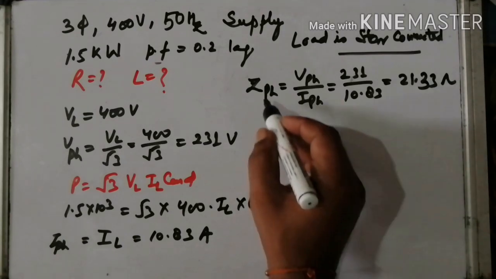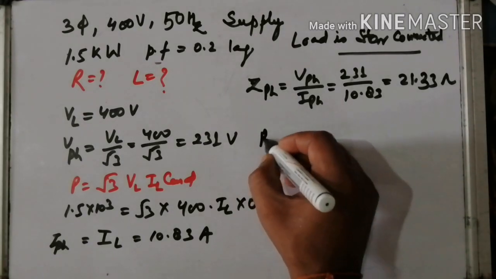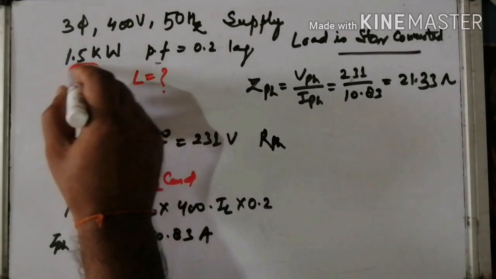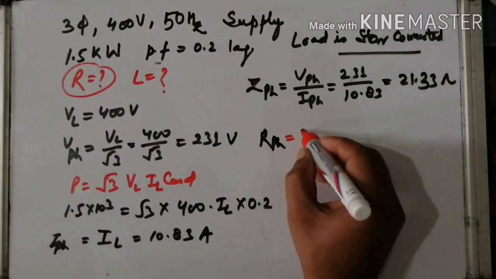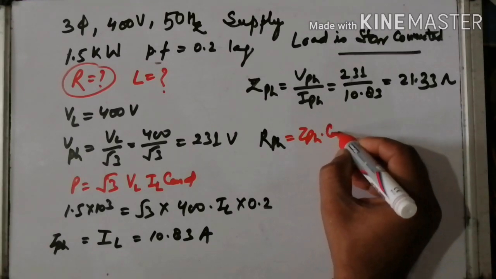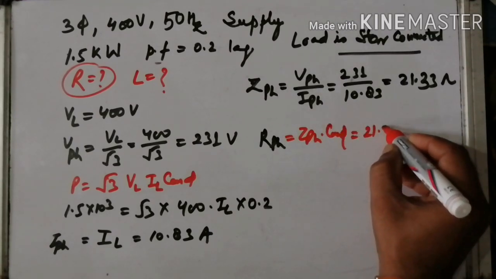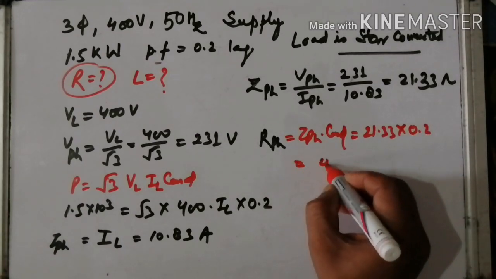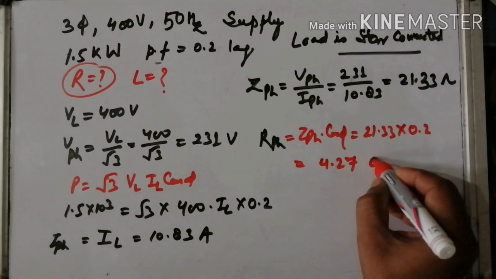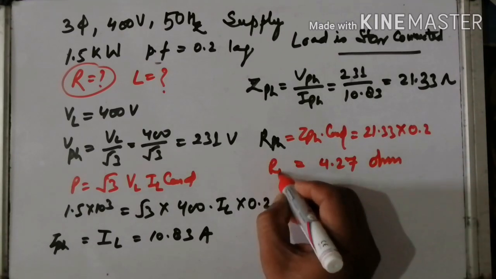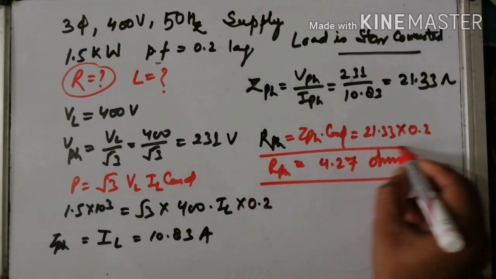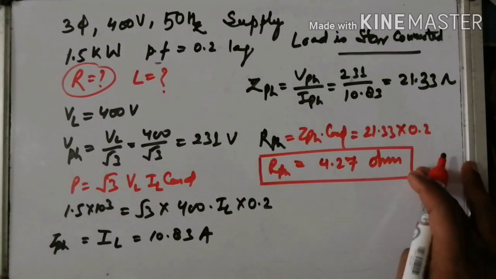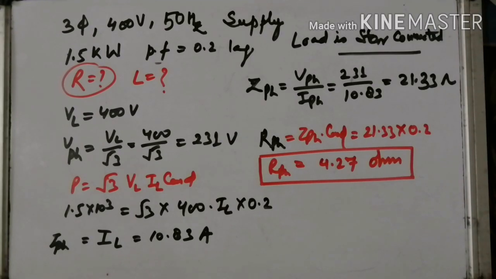And the cos component of this ZPH is nothing but RPH, which is required over here. RPH is nothing but ZPH into cos phi, that is 21.33 into 0.2, it is 4.27 ohm. It is RPH. Right? The resistance part of the load.